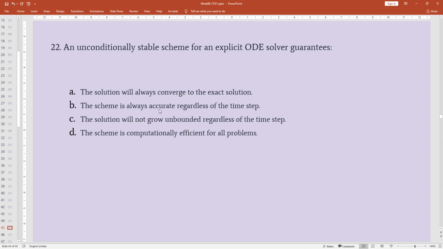Option B, the scheme is always accurate regardless of time step. Option C, the solution will not grow unbounded regardless of the time step. Option D, the scheme is computationally efficient for all problems.